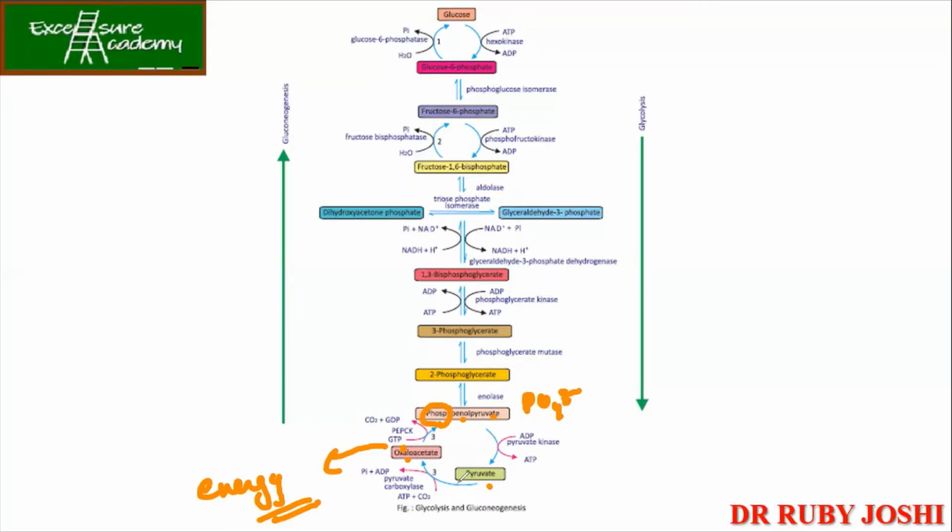To convert pyruvate to phosphoenol pyruvate, which should have been one step, it took 2 steps and double the amount of energy was required. What happened here? Energy was released. Here the energy is being used double. So from this you will understand that the gluconeogenesis path is going to be very costly, right? If you want to synthesize anything, you have to spend money. So here the energy is being spent.